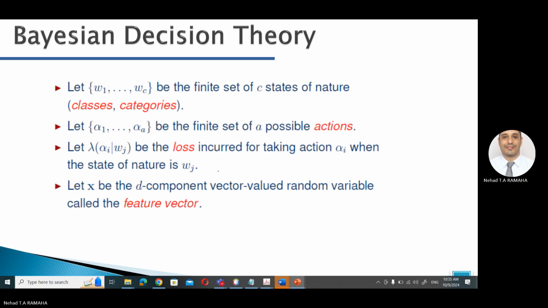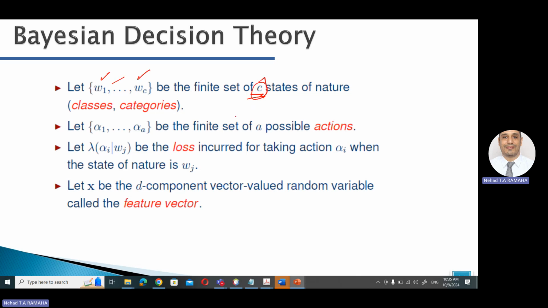Okay. So about the states, or the classes C, we could have more than two categories or two classes. We could have W1, W2 until WC.